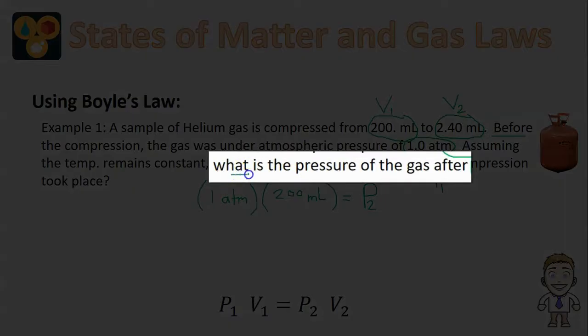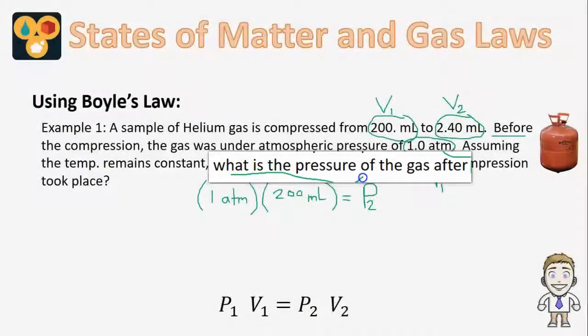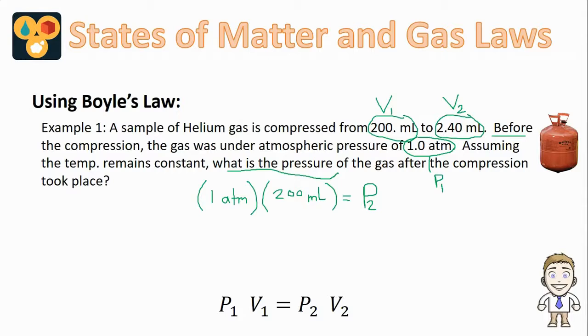Notice what it's asking. What is the pressure of the gas after the compression? So after implies what's the new pressure, or P2. When the volume has changed to a V2 that we figured out already is 2.4 milliliters, so we go ahead and plug in 2.4 for that V2.